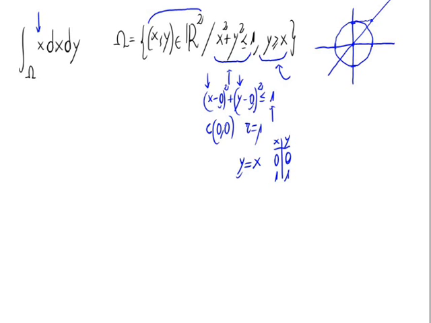It goes through the points (0, 0), (1, 1), (2, 2). So the circumference and the straight line tell us where we're integrating, that is, the set omega.